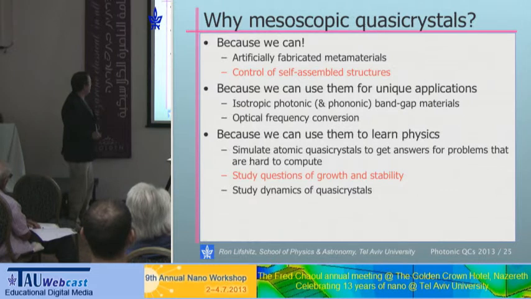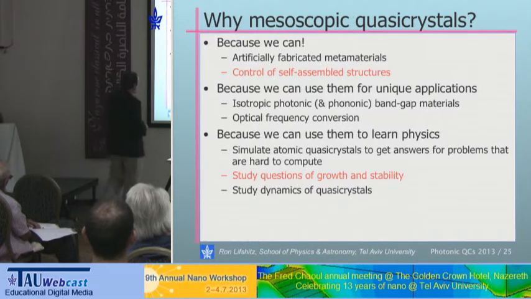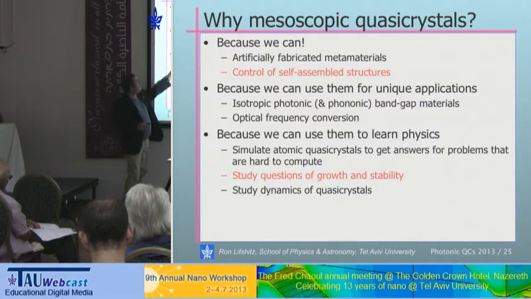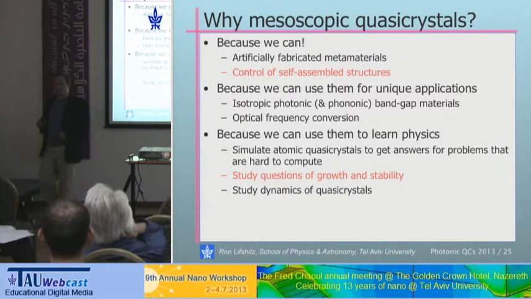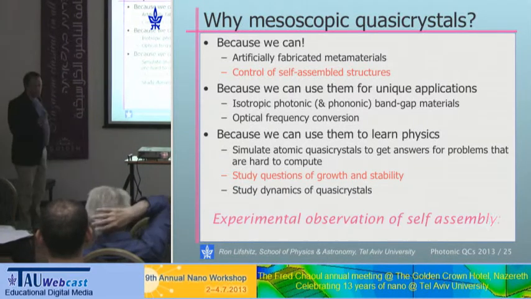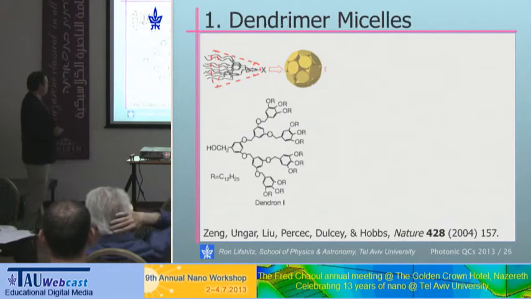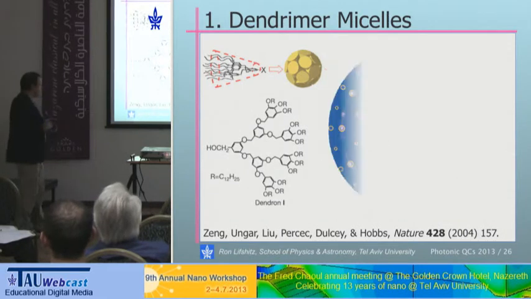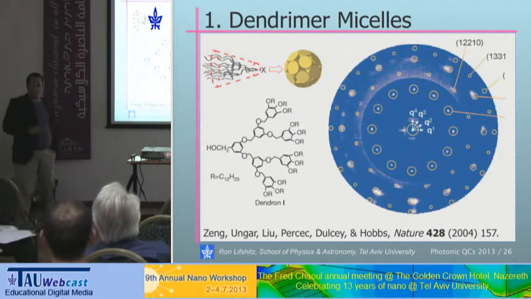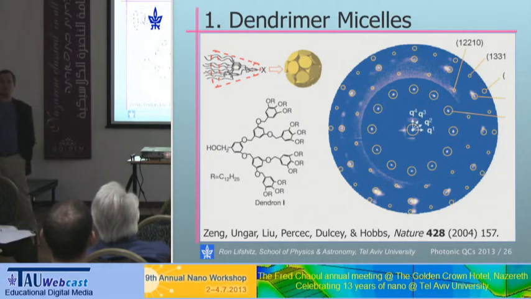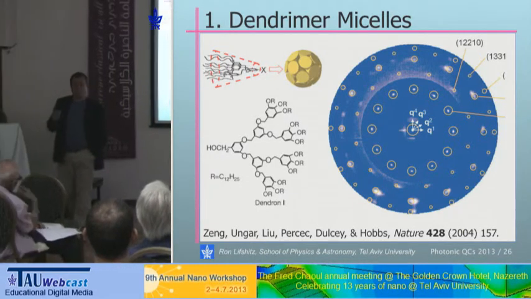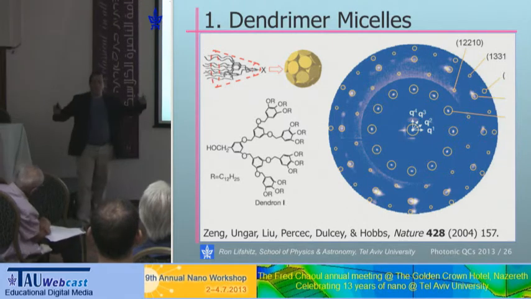And I want to say, in the last 3 or 4 minutes, very quickly, something about the way that we can use these kinds of structures to study the growth and stability of quasicrystals. So I'll really go very, very quickly. It turns out that in the last decade or so, we've seen in nature structures that self-assemble into quasi-periodic order, so quasicrystals, whose building blocks are huge.